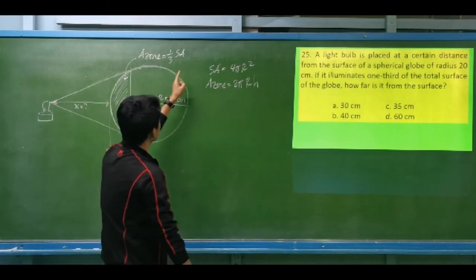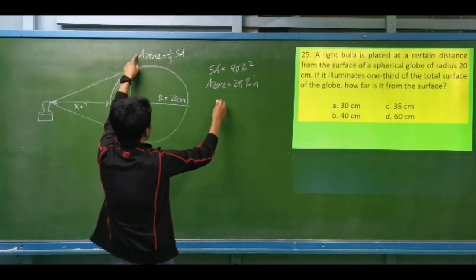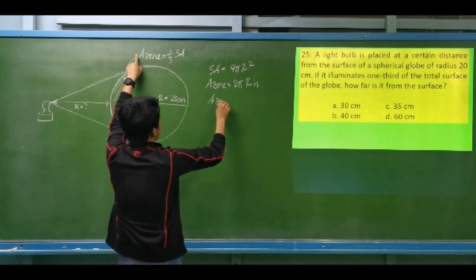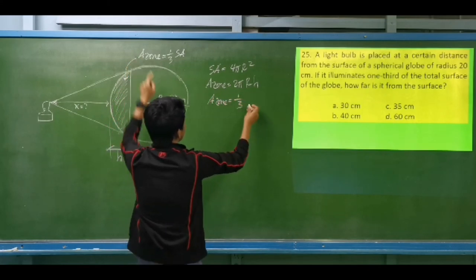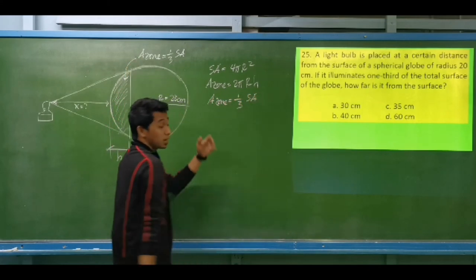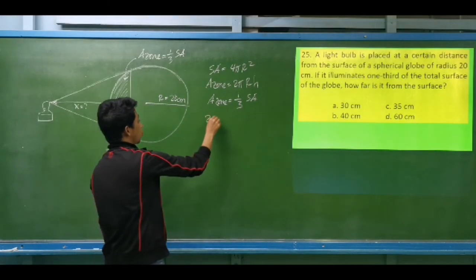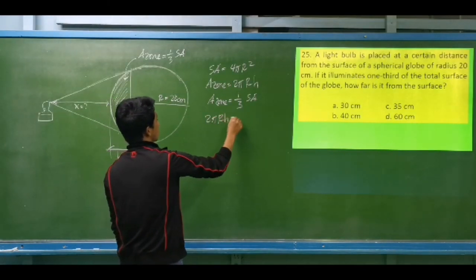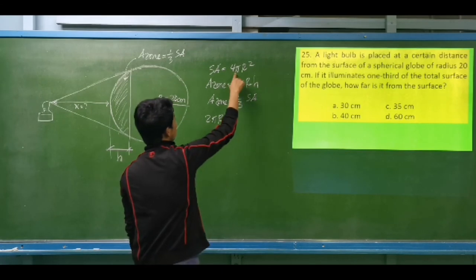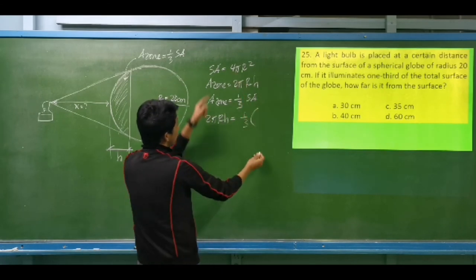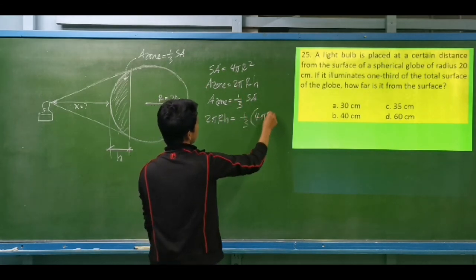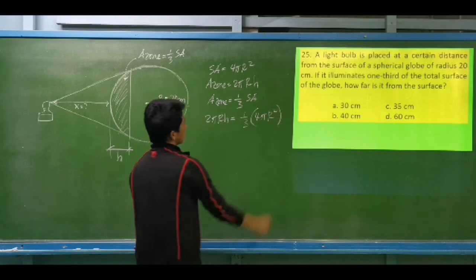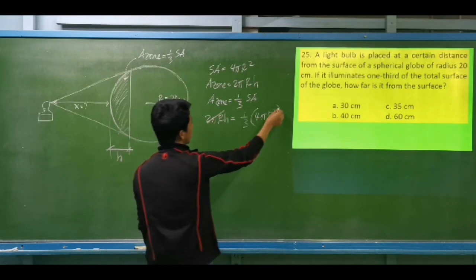Ano yung formula ng area ng zone? That is, sabi niya dito, the area of the zone is 1/3 of the surface area. Yung naiilawan lang, that is 2 pi r h is equal to 1/3 surface area ng sphere, 4 pi r squared. Ayan. So, pwede natin i-cancel yung 2 pi r.